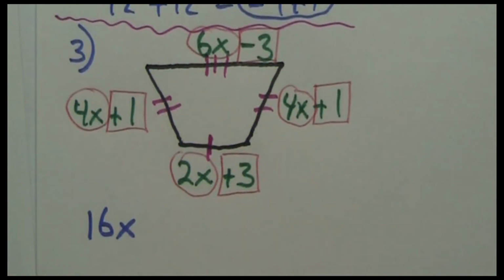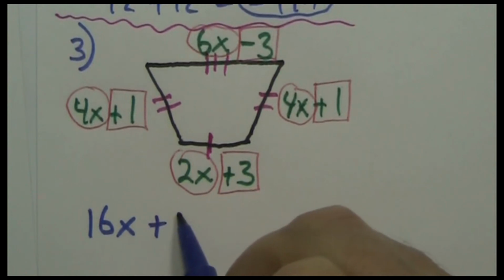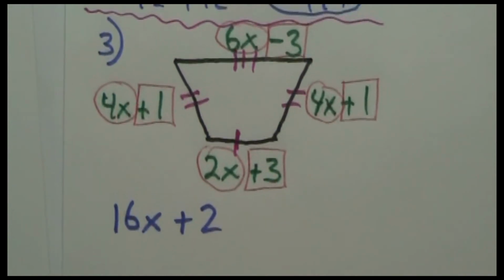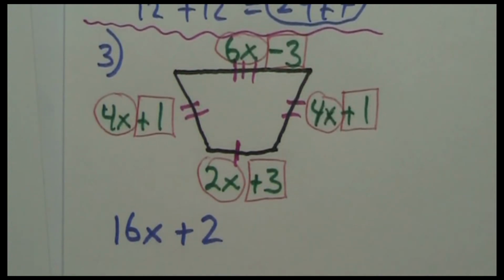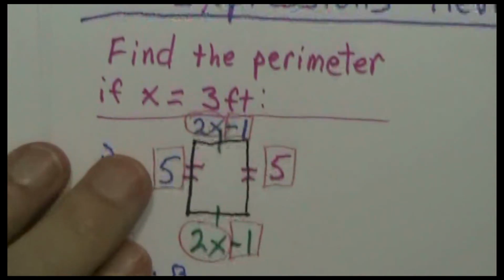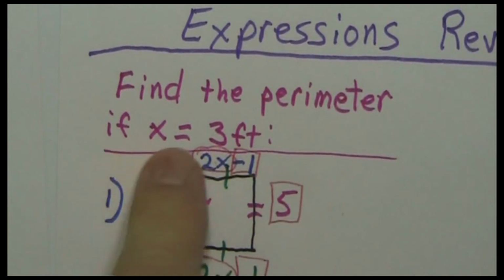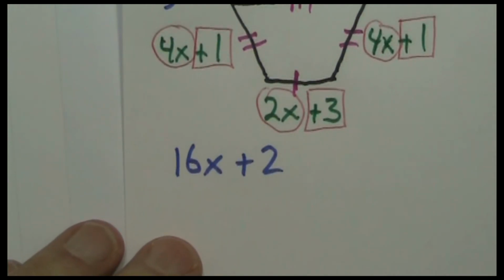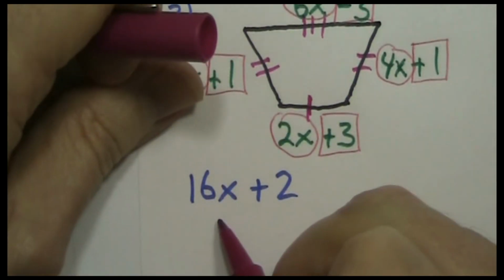So 16x plus 2. Now what happens if we put 3 for the x? Why are we putting 3? Because it says right here, find the perimeter if x is 3 feet. So I put 3 in there for the x.